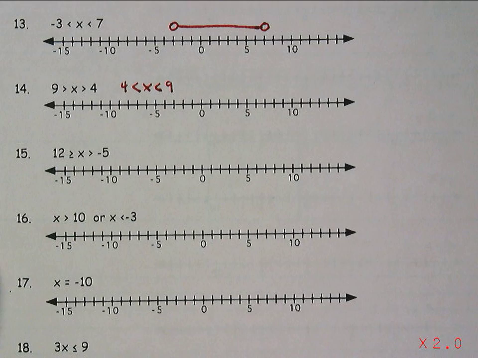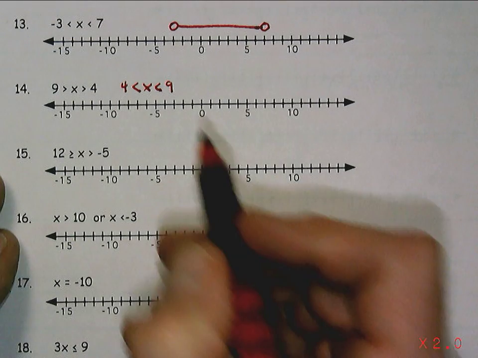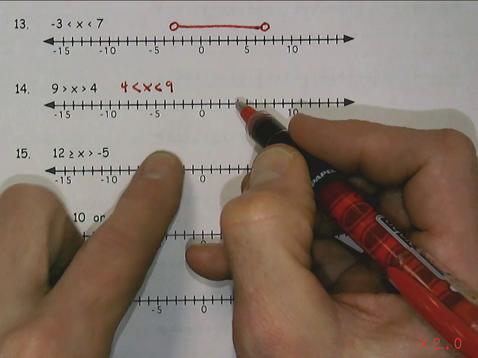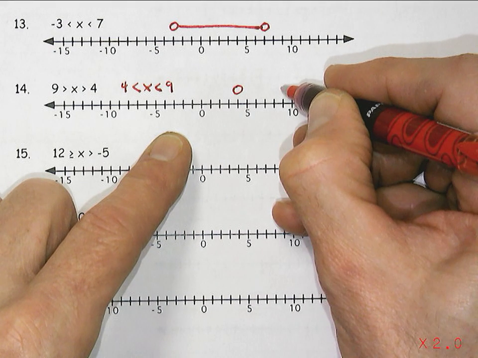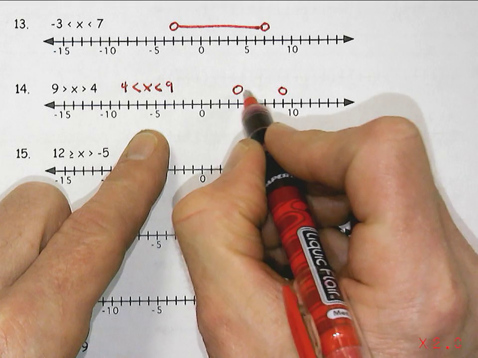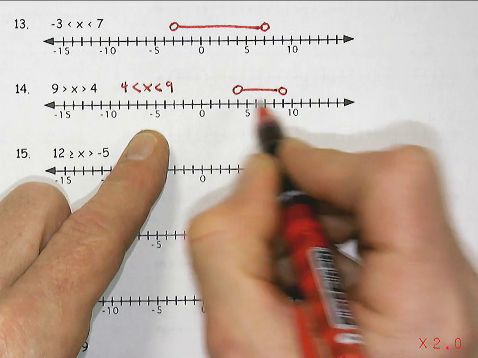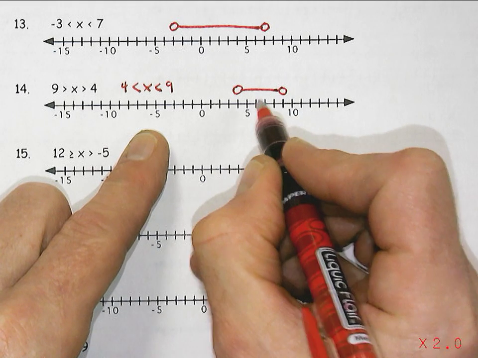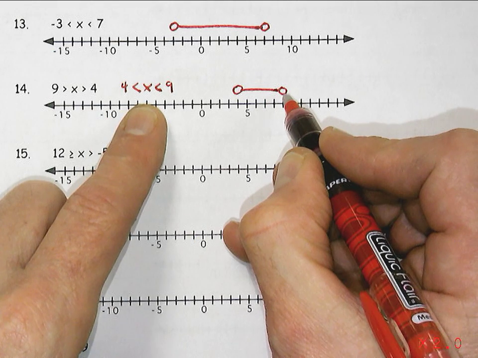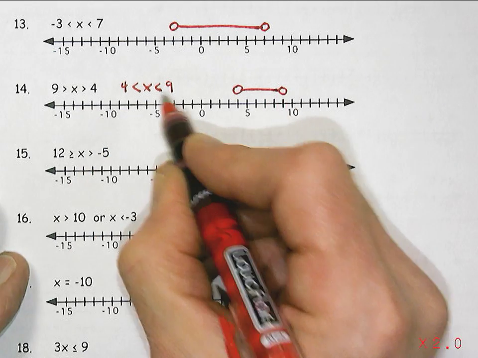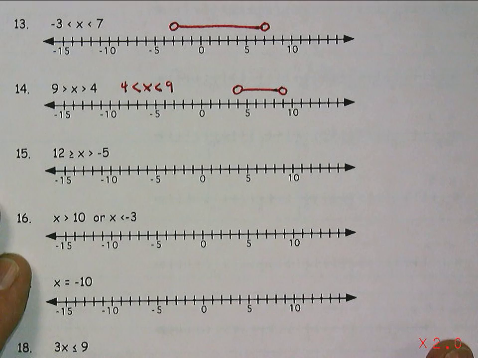So the way that it's ordered doesn't really change what x is between. It's between 4 and 9. The only numbers that are true for this compound inequality are the numbers in between 4 and 9. X is greater than 4, x is less than 9, and they're open circles because it doesn't include either of those numbers.